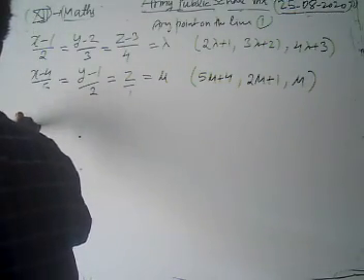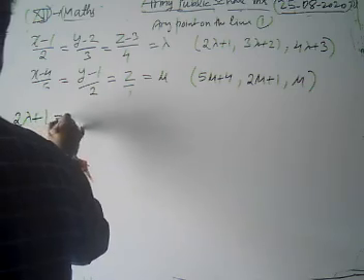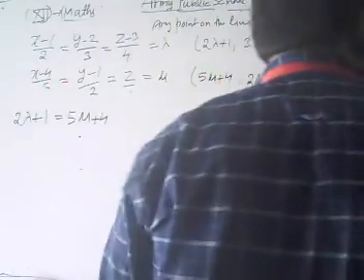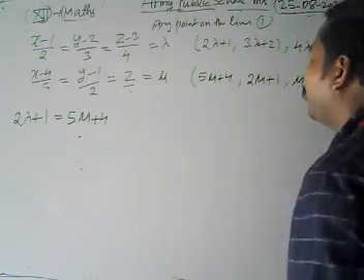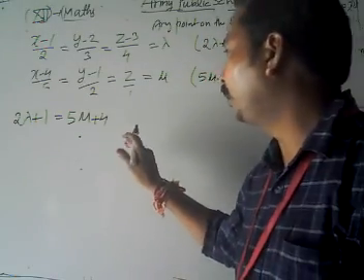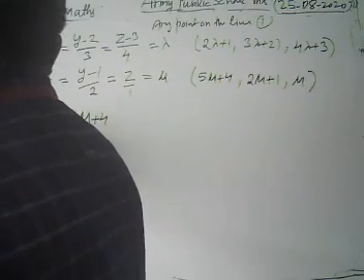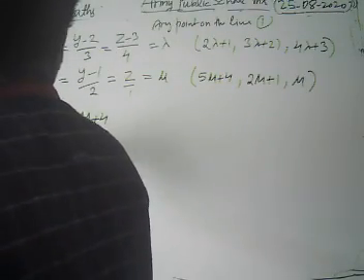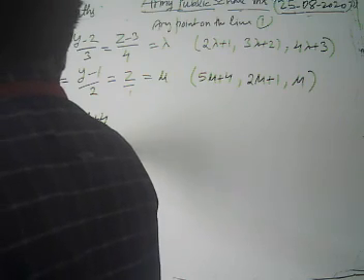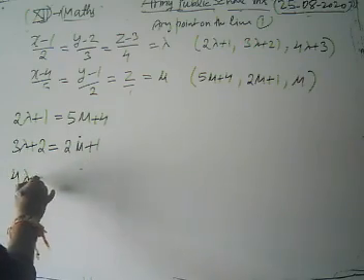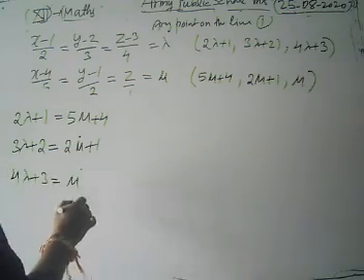We have 2 lambda plus 1 equal to 5 mu plus 4. Also 3 lambda plus 2 is equal to 2 mu plus 1. And 4 lambda plus 3 is equal to mu.